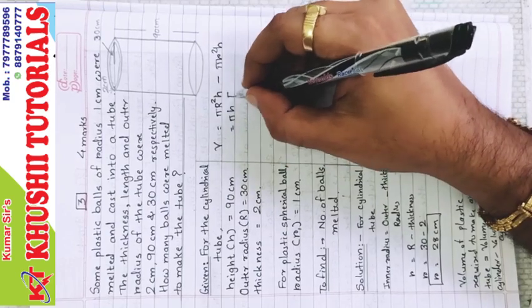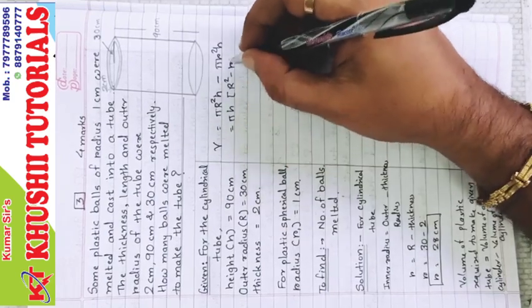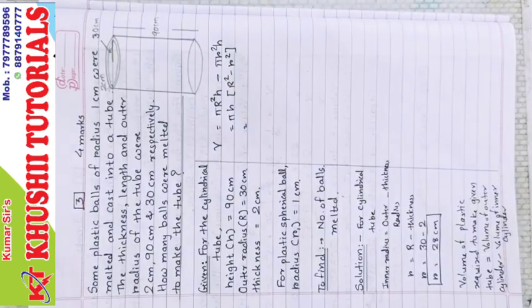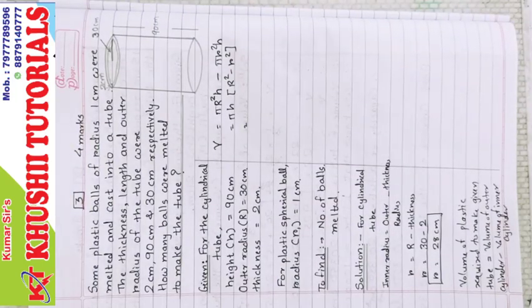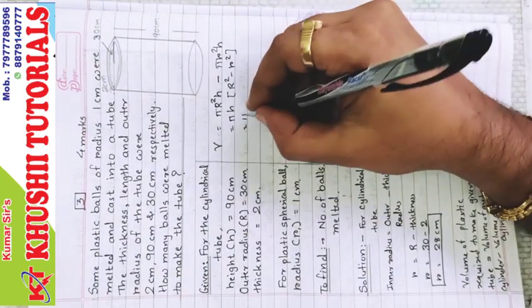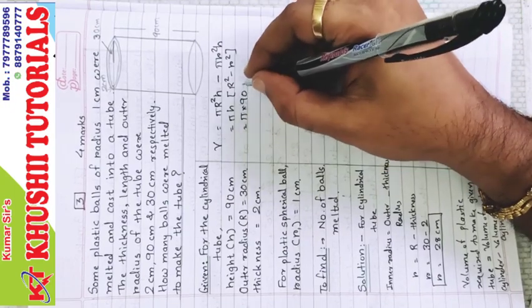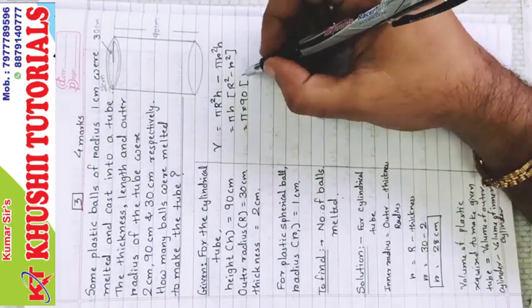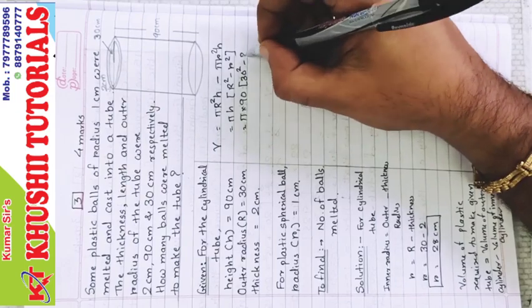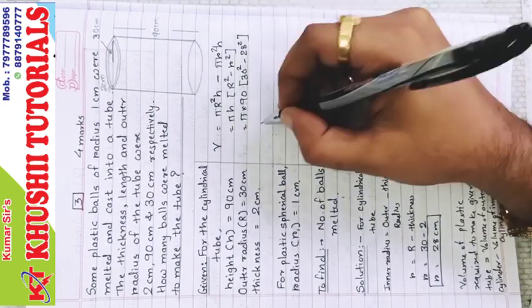Pi and h is common, so R square minus small r square. Pi value is not given, so we will keep it as pi. Height is given 90 into capital R is 30 square minus small r is 28 square.